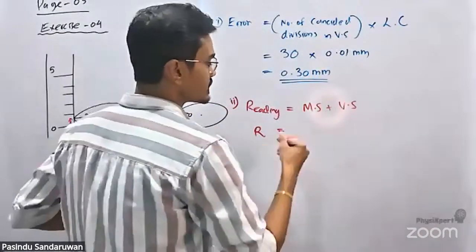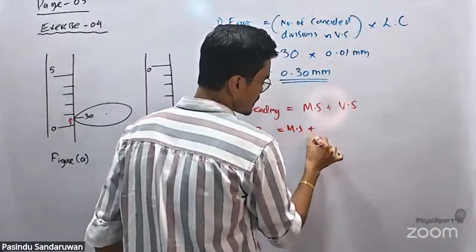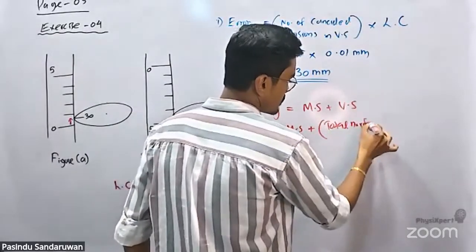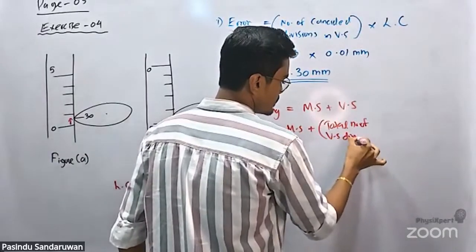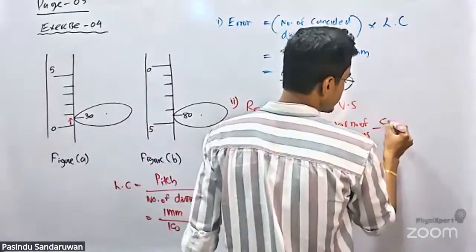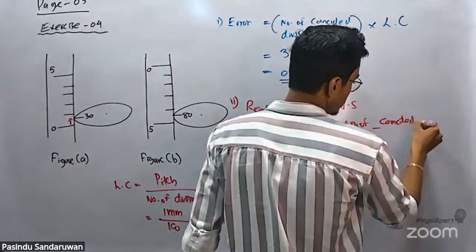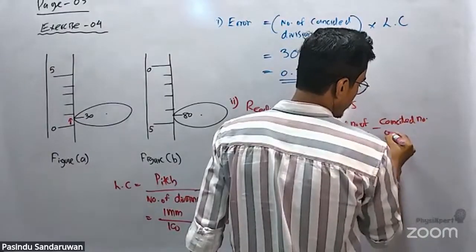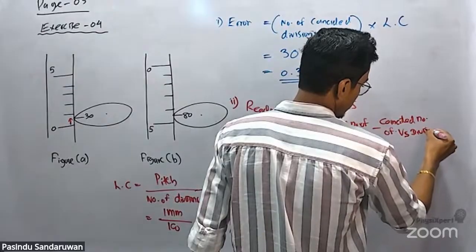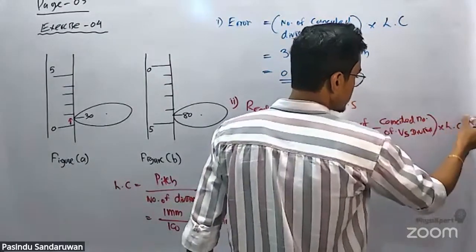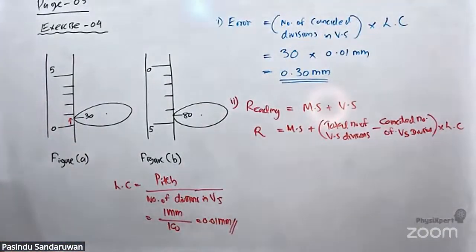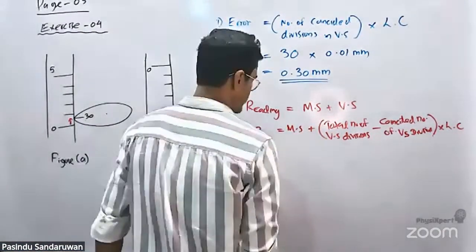So it is like this: main scale plus total number of vernier scale divisions minus coincident number of vernier scale divisions, this whole thing into least count.